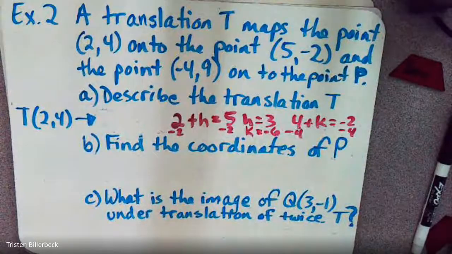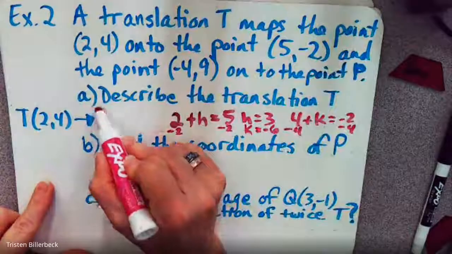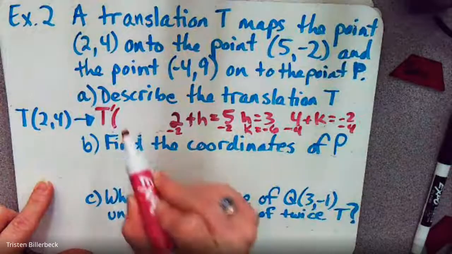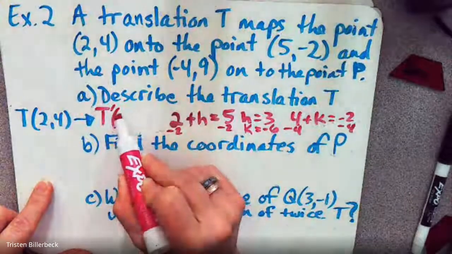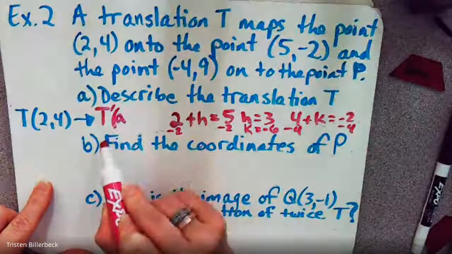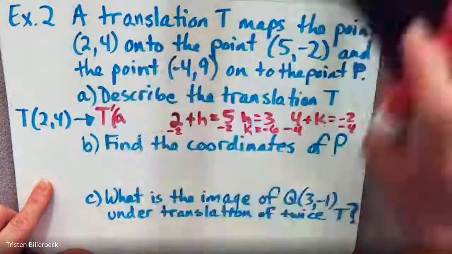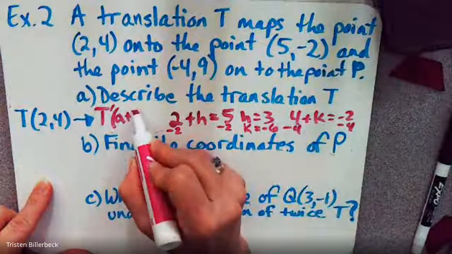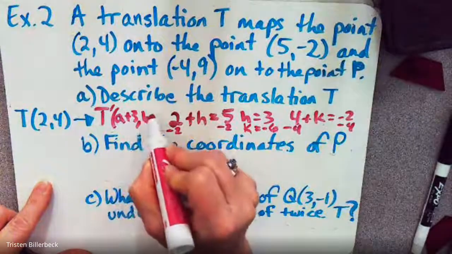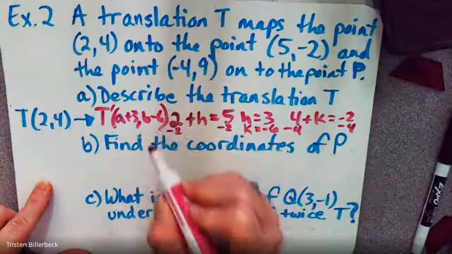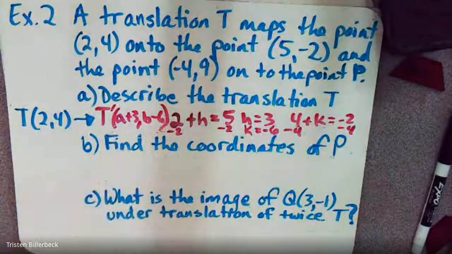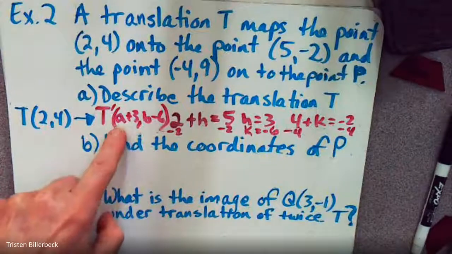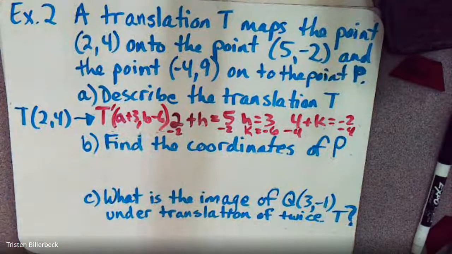So now we can write T prime as a plus 3 and b minus 6. So that's how we would write the transformation. We're going to add 3 to a, and we're going to subtract 6 from b.